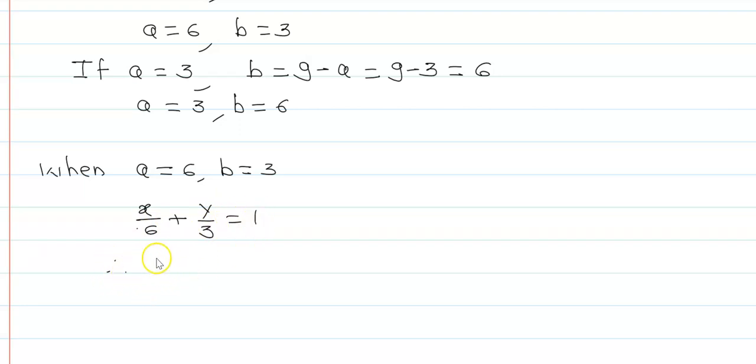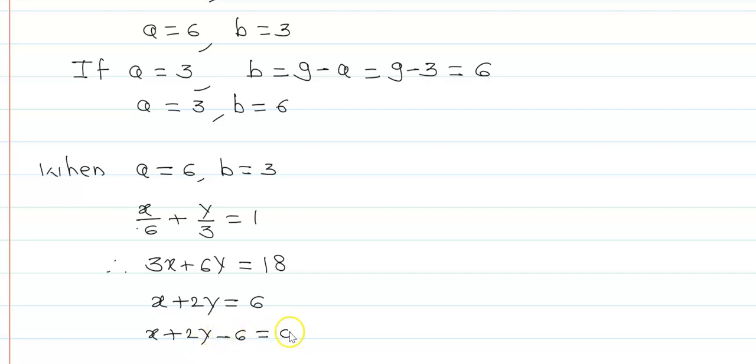Its equation is 3x plus 6y is equals to 18, and after simplification, if we divide by 3, you will get x plus 2y is equals to 6. x plus 2y minus 6 is equals to 0. This is the first one.